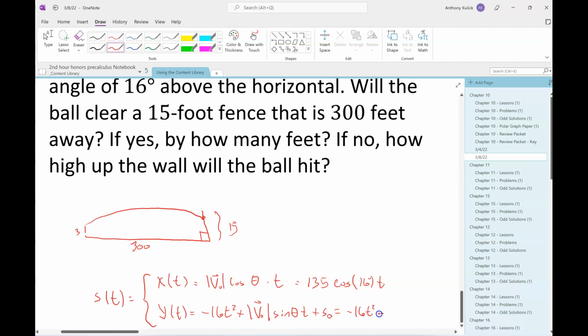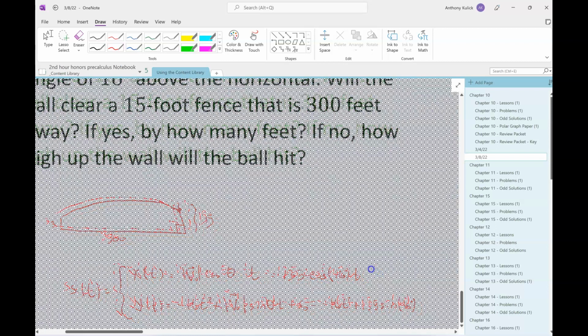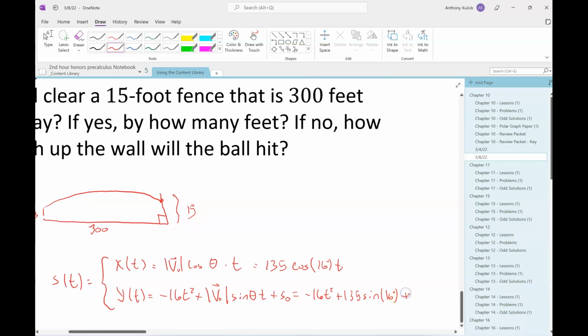So our initial velocity still 135, angle still 62 degrees. What was our initial position? 3 feet off the ground, right? So the y is basically at 3. Everybody's okay with the setup here?